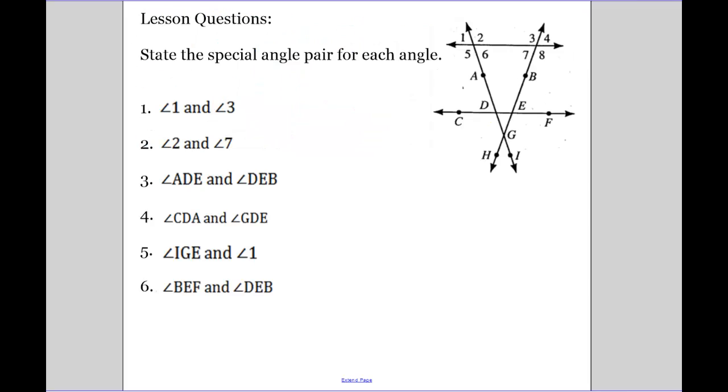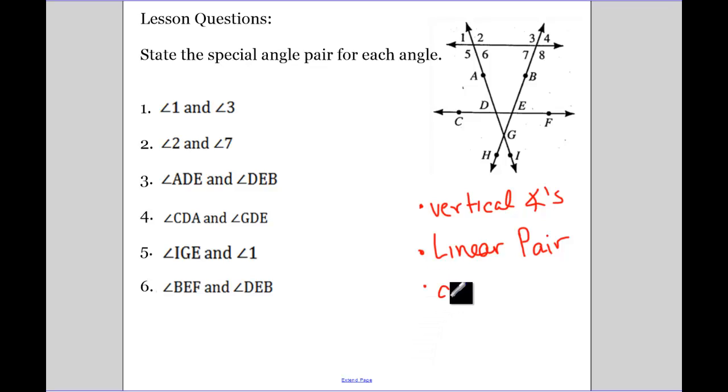Okay, so state the special angle pair for each one of the angles. Now there are special angle pairs that come from this section, but also additional ones that I'm going to have on there are vertical angles, and also I'm going to ask you guys linear pair. So be careful, you're going to have a lot to choose from.